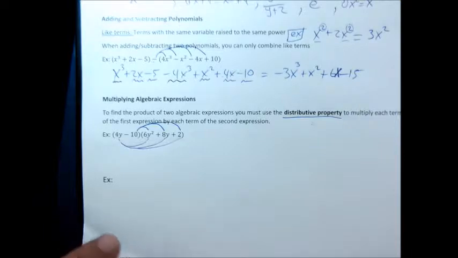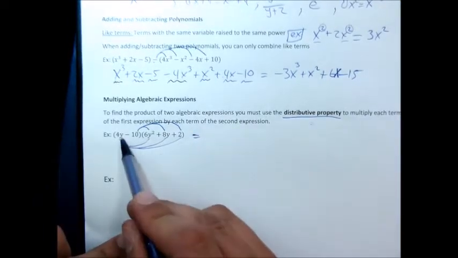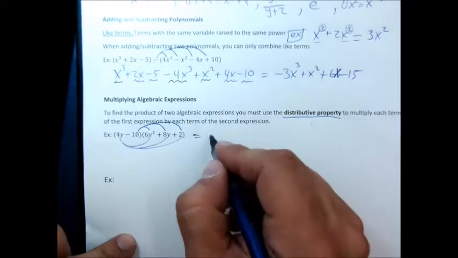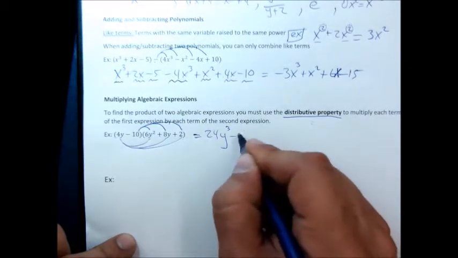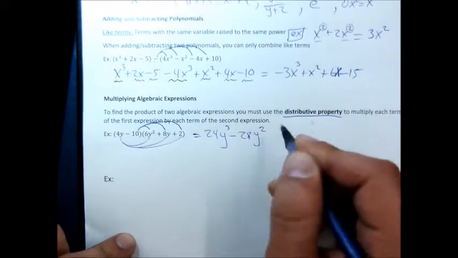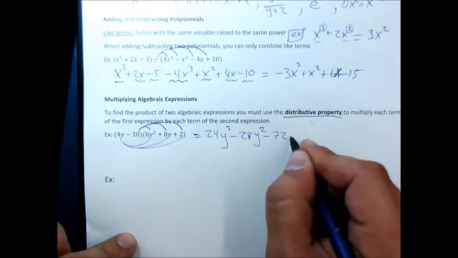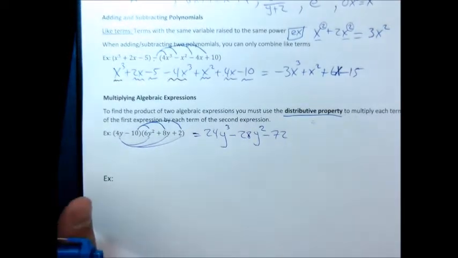So I'll do the 4y through. I'm going to take that 4y and multiply it through there. I'm sorry, I started looking at my answer, jumping ahead. Sorry, don't write that down.